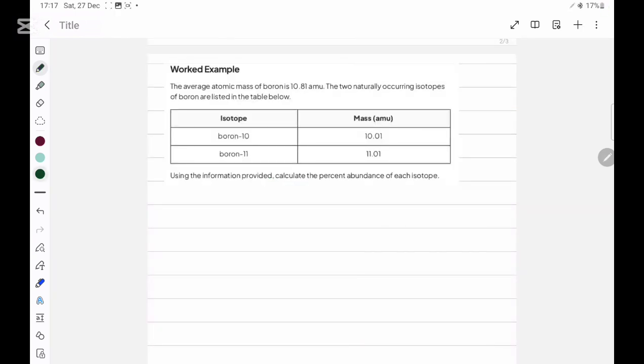Now they have given us the average atomic mass, and they want us to find the percentage abundance of each isotope. We take the percentage abundance of this one to be x and this one to be y, and their sum is equal to 100.